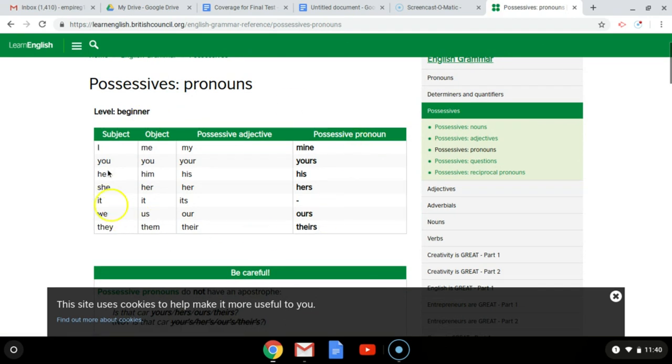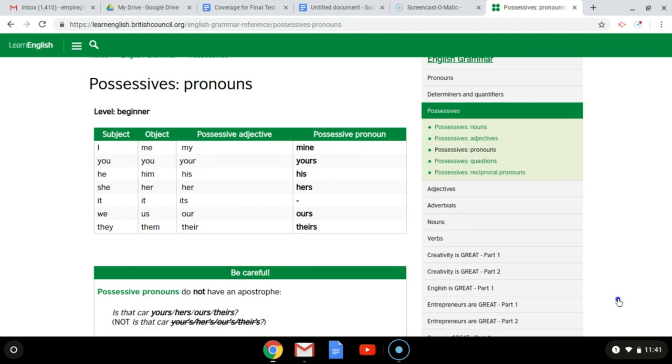I want you to take a picture or screenshot of this because it will help you with your review. This is the comparison chart for subject, object, and possessive pronouns. Don't mind the possessive adjective.